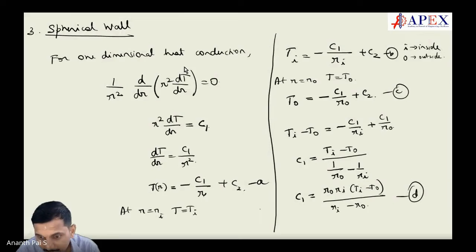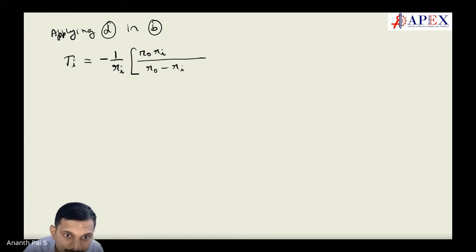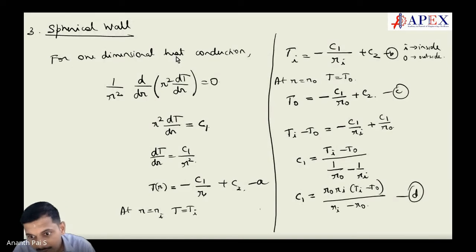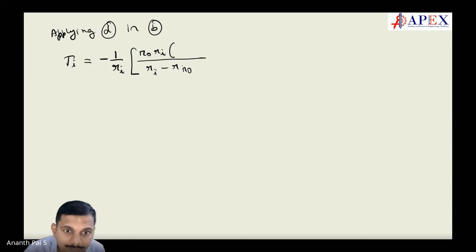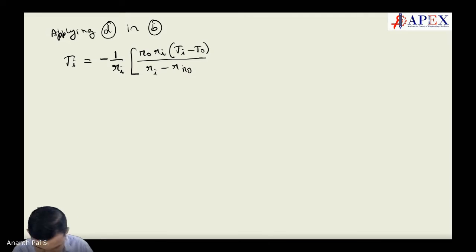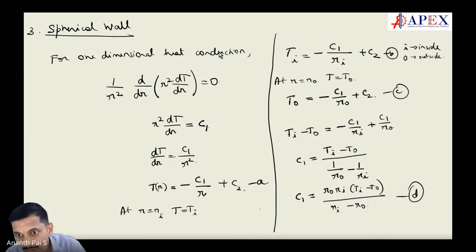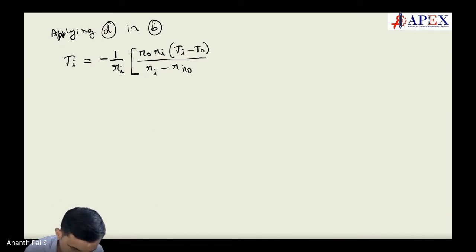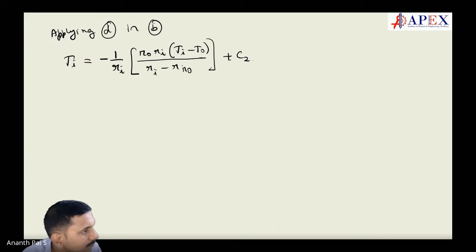Sorry, Ri minus R naught, into Ti minus T naught. Ti minus T naught, agreed? Ti minus T naught plus C2.